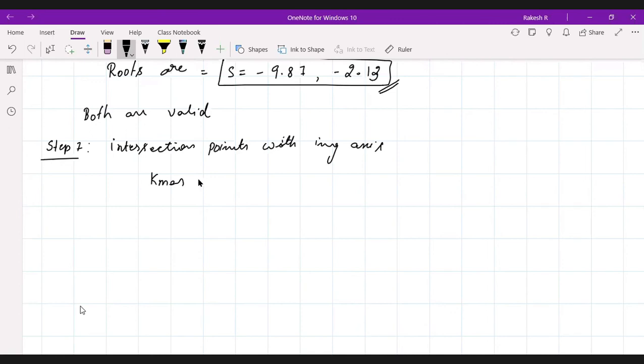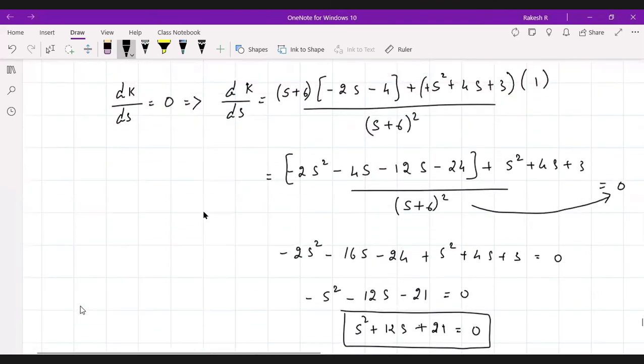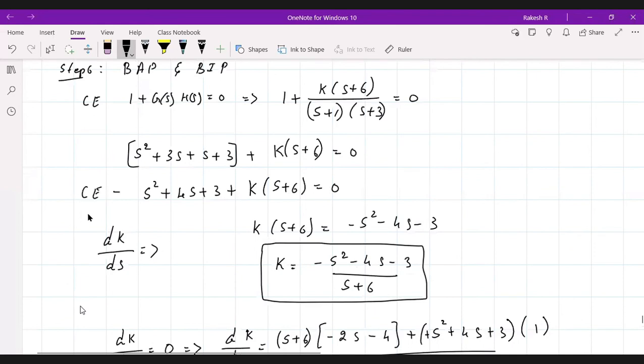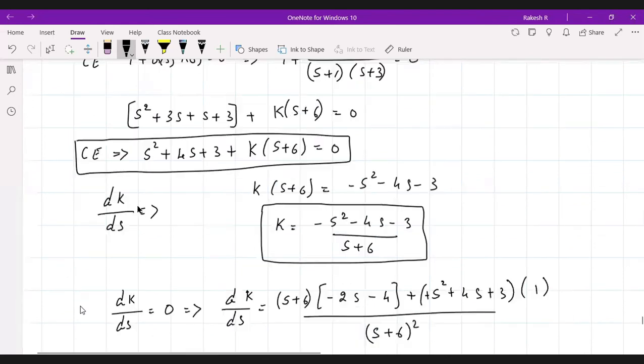Right. So for that, what do we need to consider? We need to consider the characteristic equation, given by 1 plus G(s)H(s). I'll be considering this as the characteristic equation.